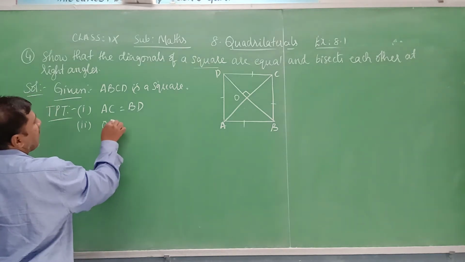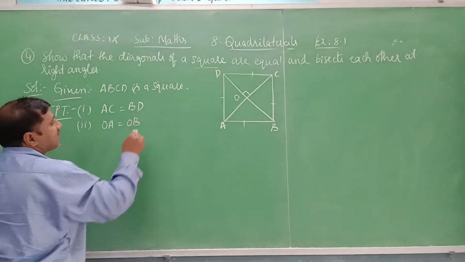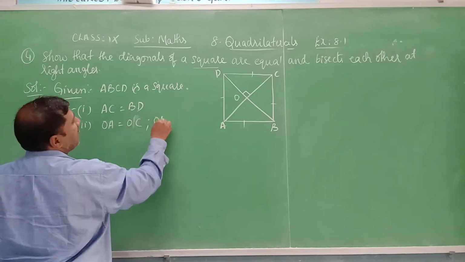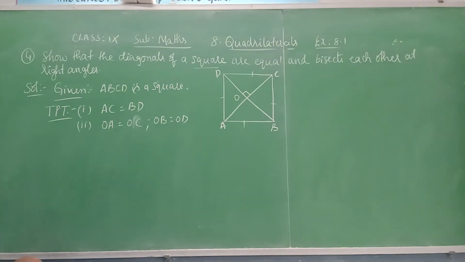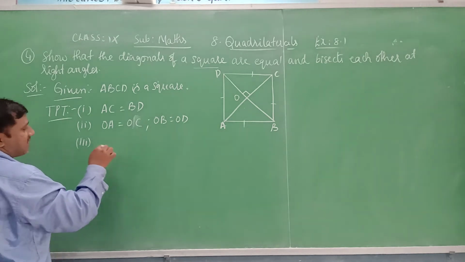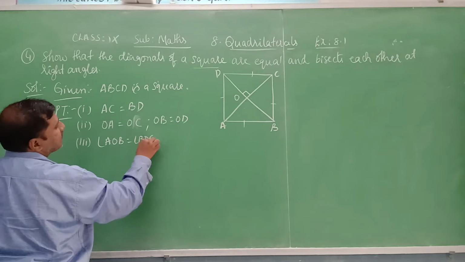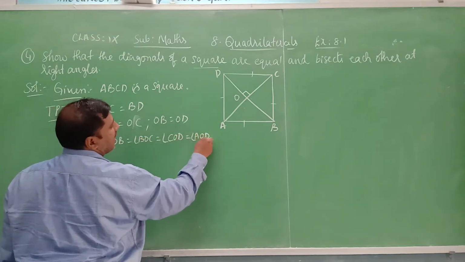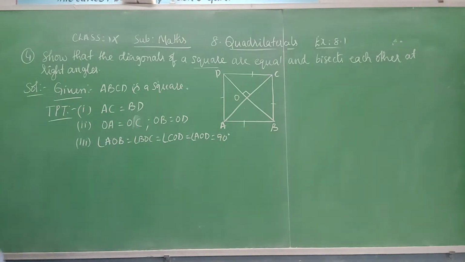That is OA is equal to OC and OB is equal to OD. And the third one, they bisect at right angles. That is angle AOB is equal to angle BOC is equal to angle COD is equal to angle AOD is equal to 90 degrees. So three identities you have to prove in this.